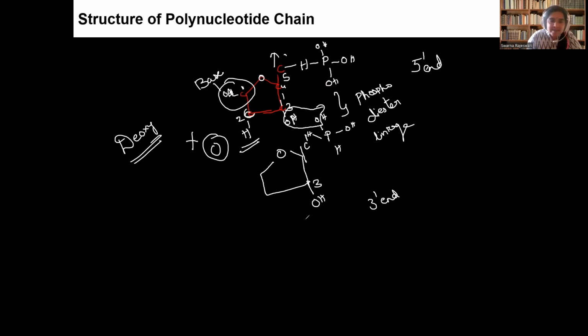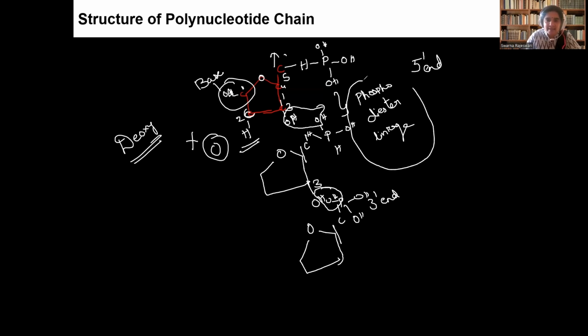Understood? Again another nucleotide will be attaching here like this. This is the fifth carbon where again phosphate is attached, by removal of one water molecule. Likewise, one nucleotide is linked to the other by phosphodiester linkage.